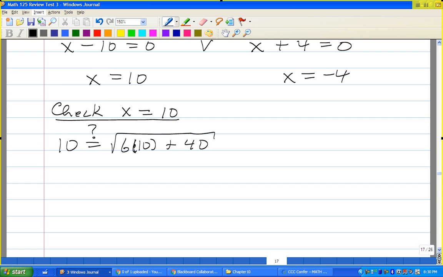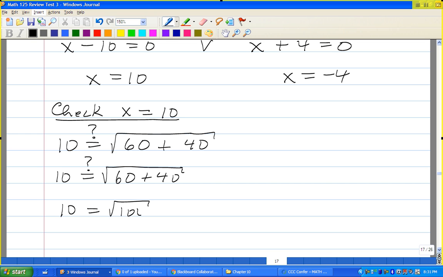And so is 10 equal to the square root of 60 plus 40? So is 10 equal to the square root of 100? Yes. So that works.